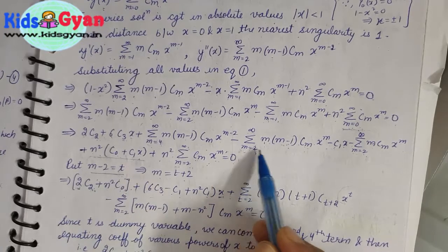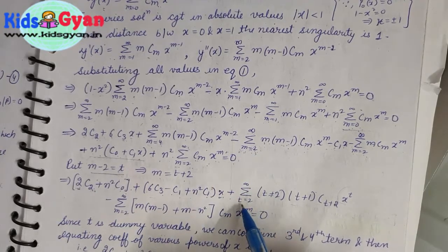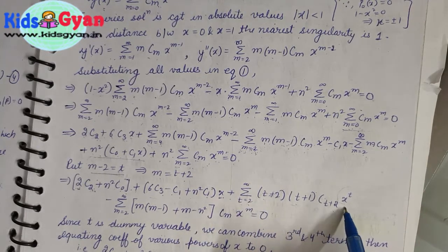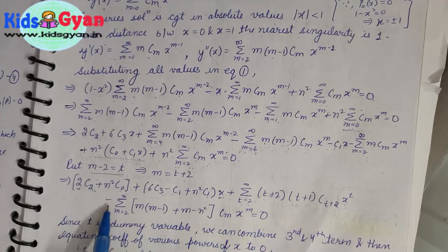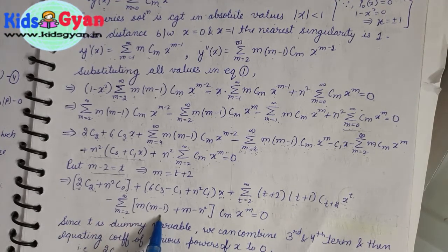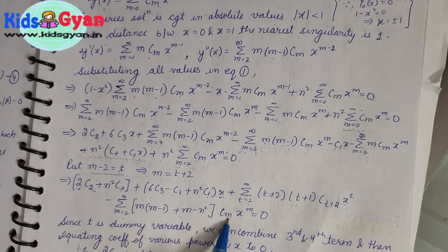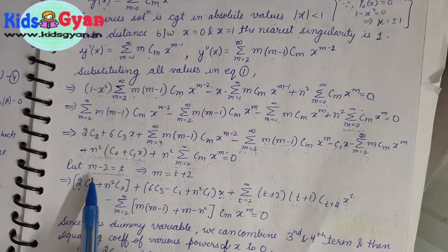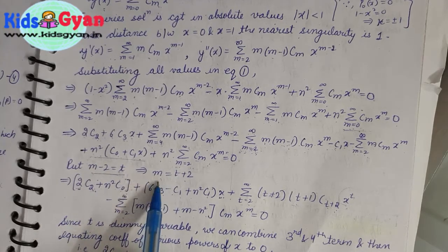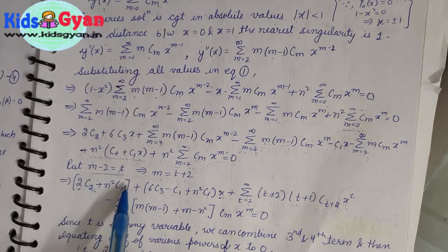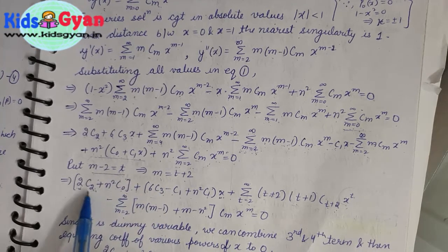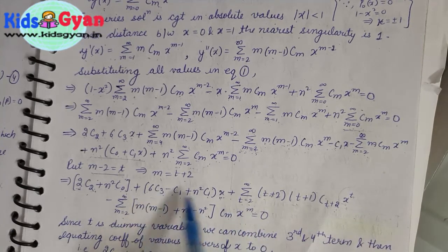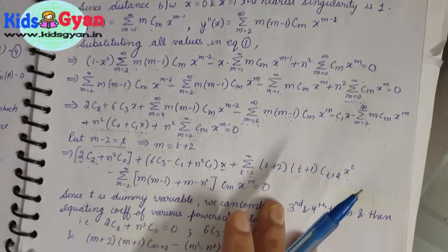Plus, if we put m − 2 = t here, so t goes from 0 to infinity, (t + 2)(t + 1) c(t+2) x^t, minus the sum from m = 2 to infinity of (m − 1 + m² − n²) cm x^m equals 0. So if we put m − 2 = t, and separate the constant term, the x^t term and the x^m term, then we get this equation.